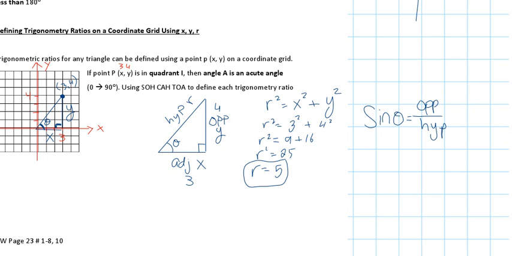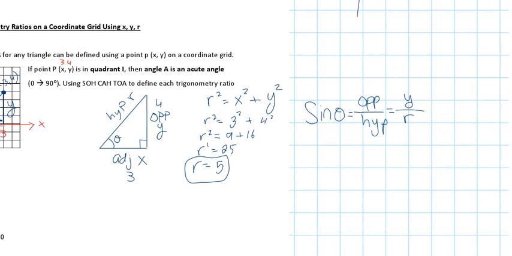Y. Over, what's the hypotenuse? R. If I want to find the value of it, I can say that it's 4 over 5. So instead of using the old-fashioned opposite over hypotenuse, we're going to use now Y over R.